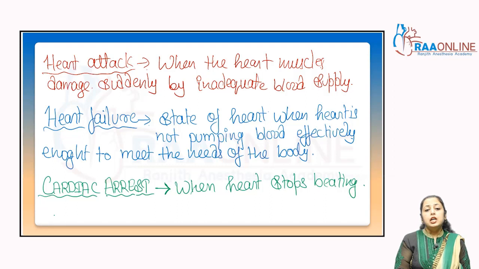Clear? When we talk about the world's first heart transplantation, it was done by Dr. Christian Barnard. He was the head of that team, and that first heart transplantation was done by a team of 30 doctors, which was headed by Dr. Christian Barnard, right?